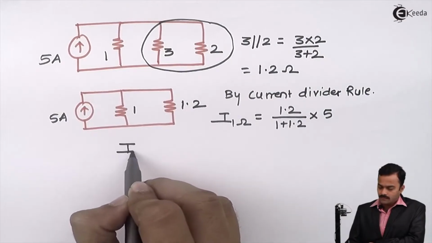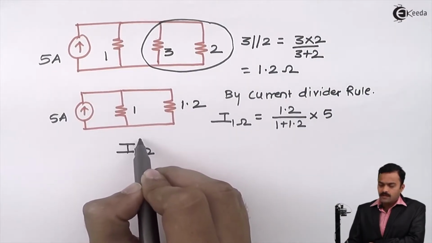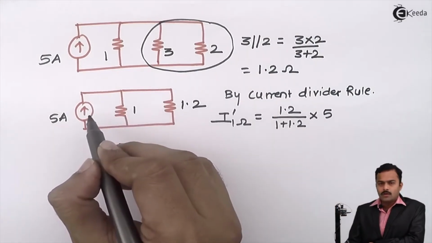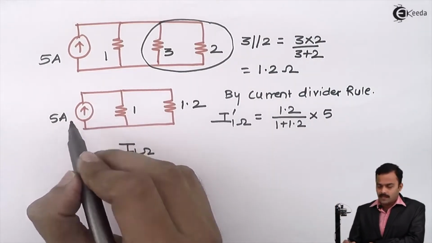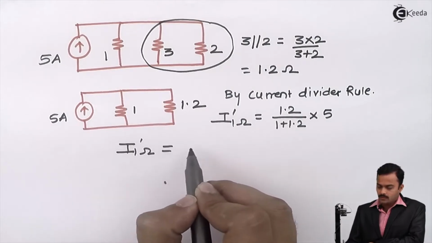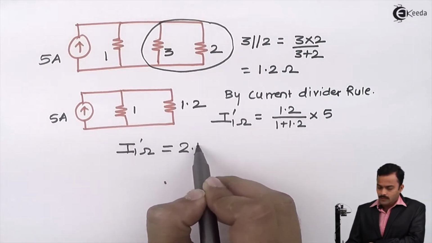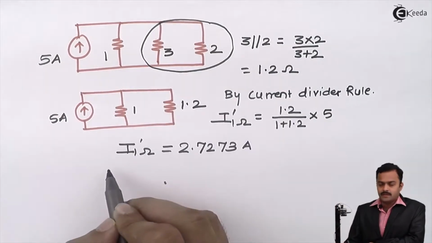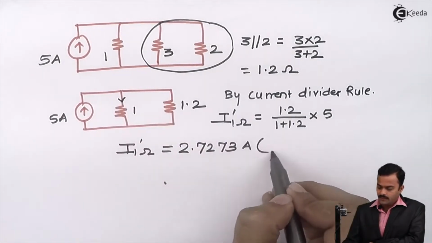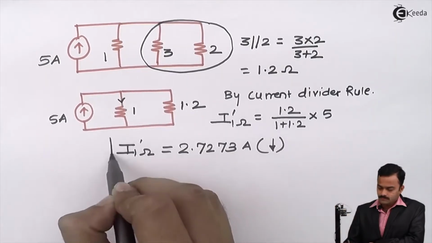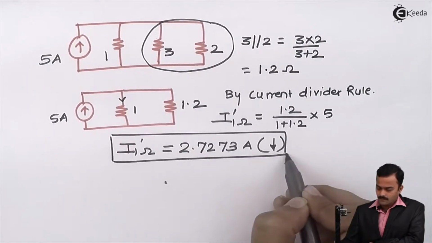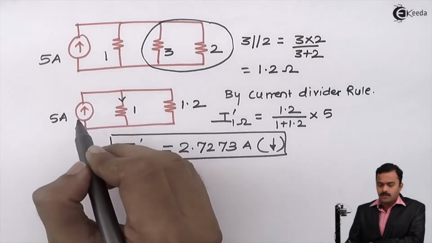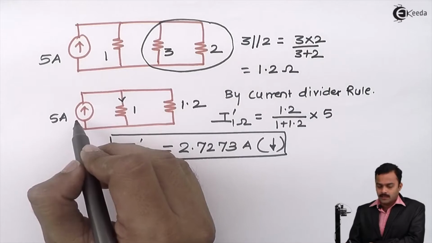So if I solve, I will get I dash 1 ohm, because this is only considering 5 ampere acting alone. So I dash 1 ohm will be 2.7273 ampere. The direction of current will be downward. So this is a partial answer that I am getting because I am only considering 5 ampere acting alone.